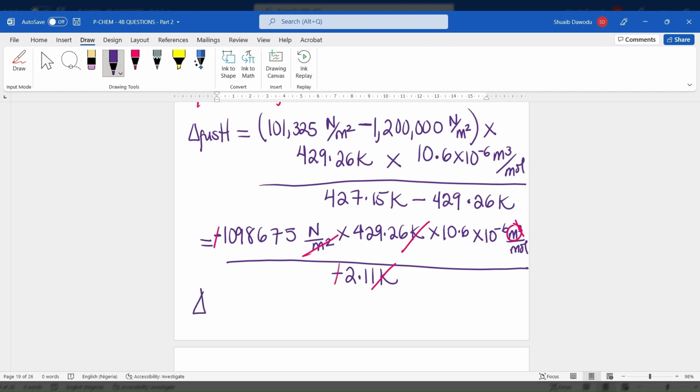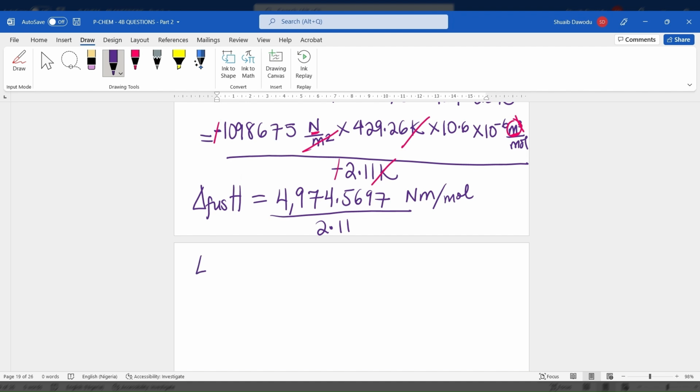So the change in enthalpy of fusion is now going to give you everything in the numerator, which is 4,974.5697 Newton meter per mole, because we multiply the Newton here and the meter here, divided by 2.11.